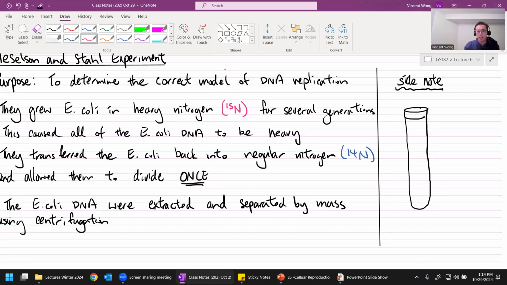Yeah, it's going to be at the bottom, right? So you will be able to detect DNA down here. You can actually see it. Obviously, it's not pink, but I'm using pink to help you visualize it. So these are the N15 DNA. Okay, actually, I'm going to put it on the side. N15. What that means is both strands are made up of heavy nitrogen.